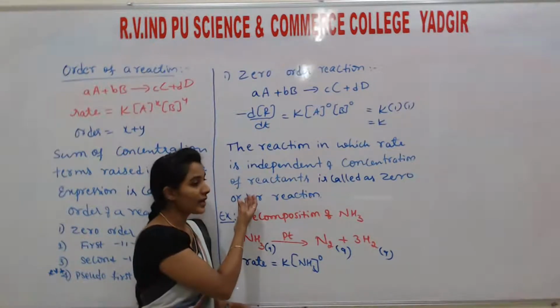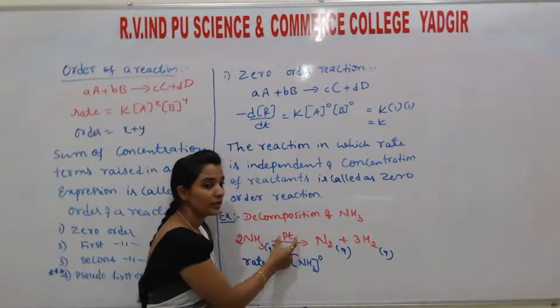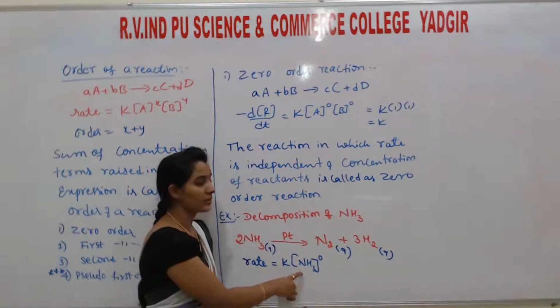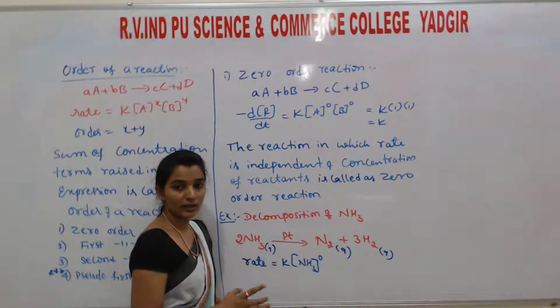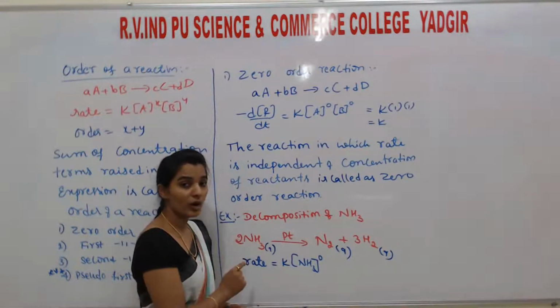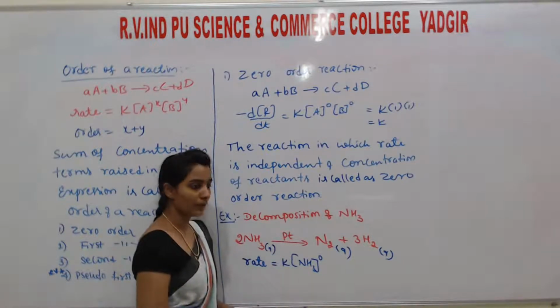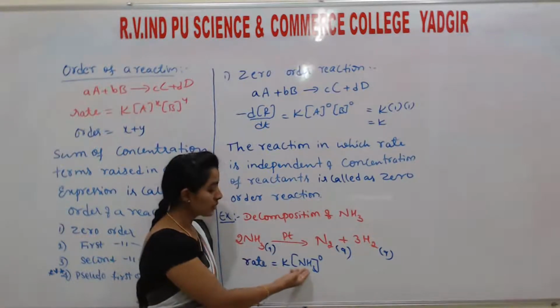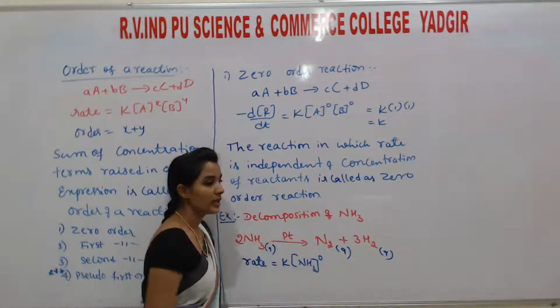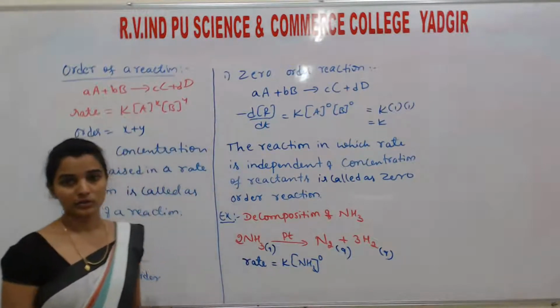Means the rate of reaction depends upon the surface area of the platinum. So it is independent of the concentration of NH3. Understand? The reactant is ammonia, but the rate depends on the surface area of the platinum. As this is a reactant, so it is not dependent on the reactant, so of course this is a zero order reaction. So this is the example.